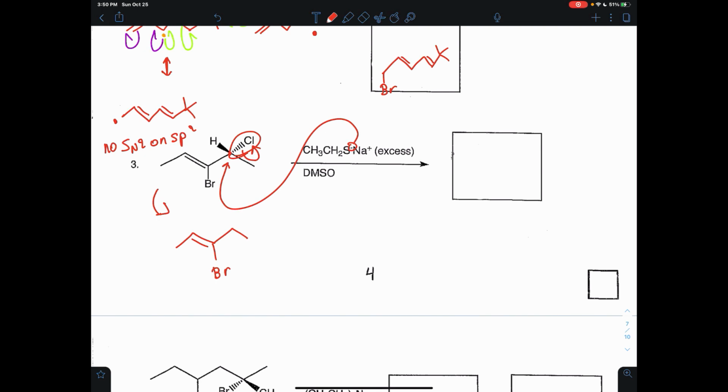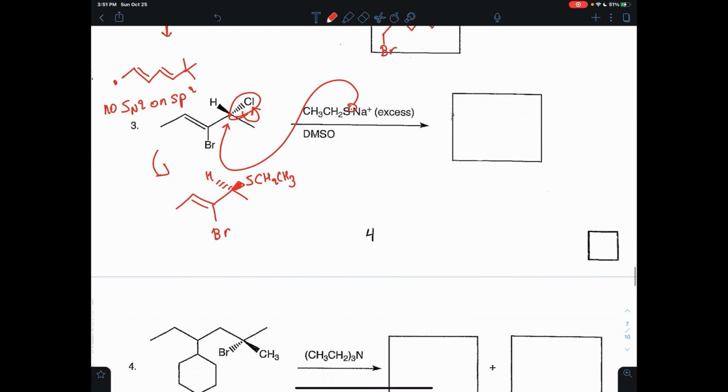Once the chlorine is kicked off, it's going to add this SCH2CH3, but remember, this is an SN2 reaction, and if it's an SN2 reaction, you're going to have a full inversion, right? So now the group that I'm adding is going to be on a wedge, SCH2CH3, and then the hydrogen is now on a dash, and that would be the product.